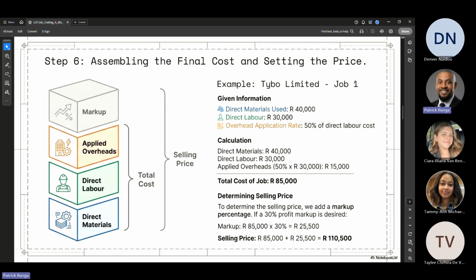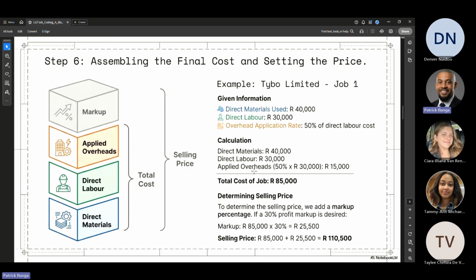Because remember, it is indirect. So they're already providing you the clues of how you need to go about applying the overhead. You apply the overhead by looking at the direct labor cost, and you simply need to take 50% of that direct labor cost. That's what goes to everything that is indirect.